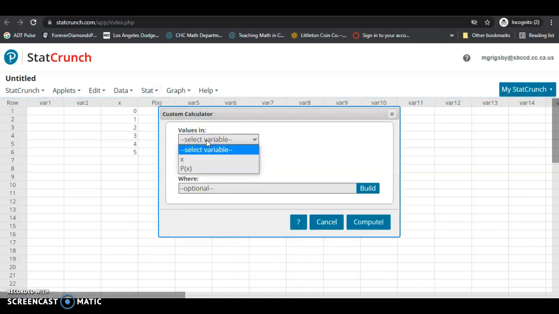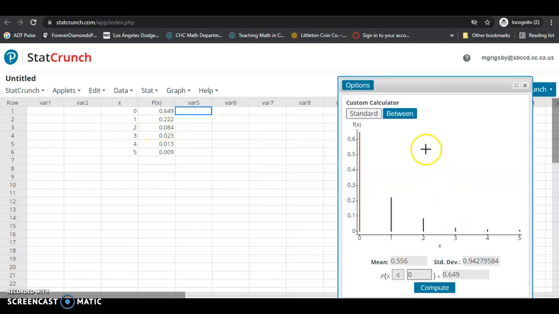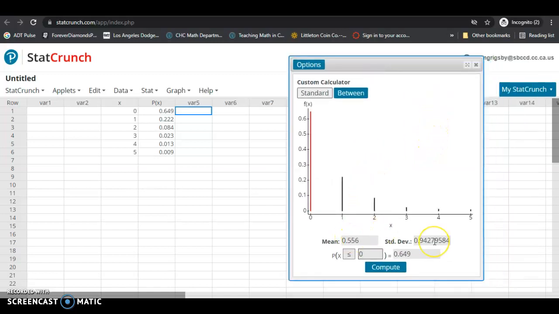The values of the variable are in the X column, and then the weights, another word for probabilities, are in the other column, P of X, and we're going to click Compute. It'll give you the mean and standard deviation, and that's how you're going to answer question 8.